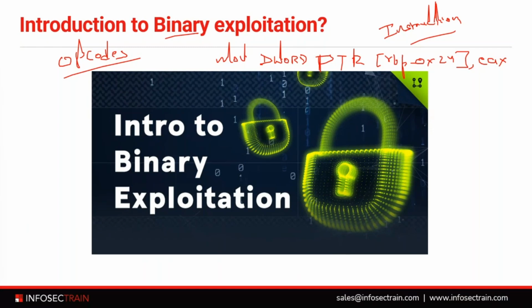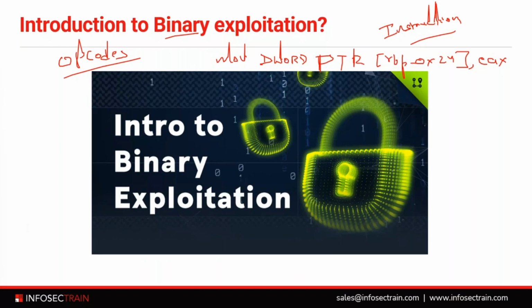So when we are talking about binary exploitation, the very first thing we need to understand is binary, right? As I said, it is an advanced topic, so you will find vulnerabilities in the binary code, and by exploiting the vulnerabilities, as an attacker you can get a foothold on the system, escalate the privileges, or bypass the protections.